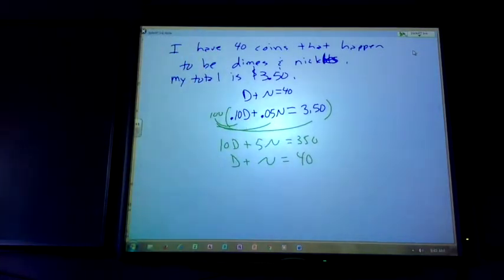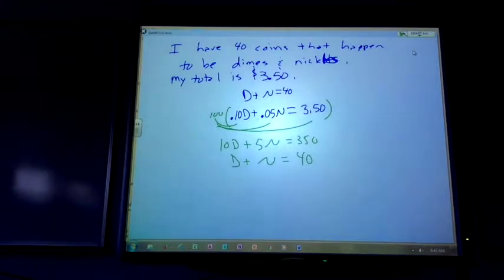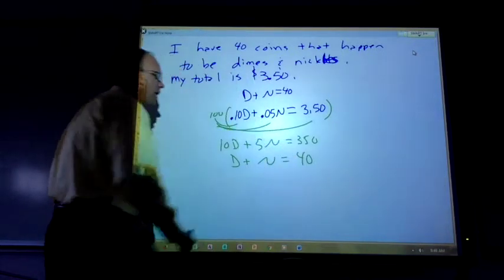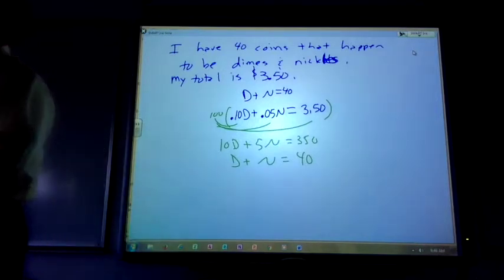Garvey, I think I can use elimination on this one. What do you think? Would you like for me to get rid of the dimes or the nickels? Nickels? Okay, so if I'm going to get rid of the nickels, what should I multiply the bottom equation by so that when I add it to the top equation, 5n goes away?